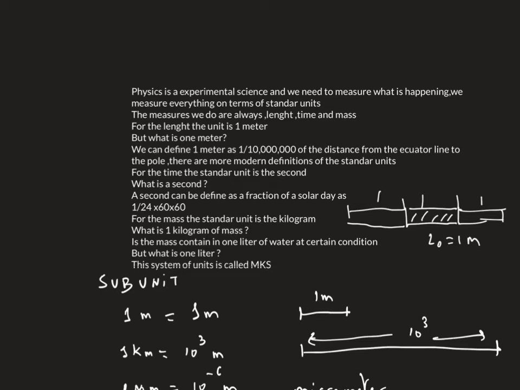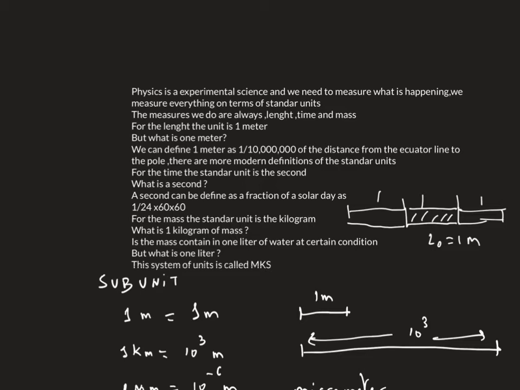So if you measure the distance and you divide it by 10 million, you will find that this is 1 meter. Of course, there is a more modern definition of the unit of 1 meter based on the speed of light, but it's not important now.